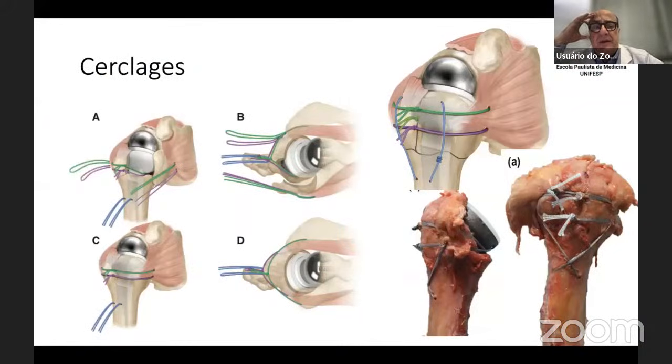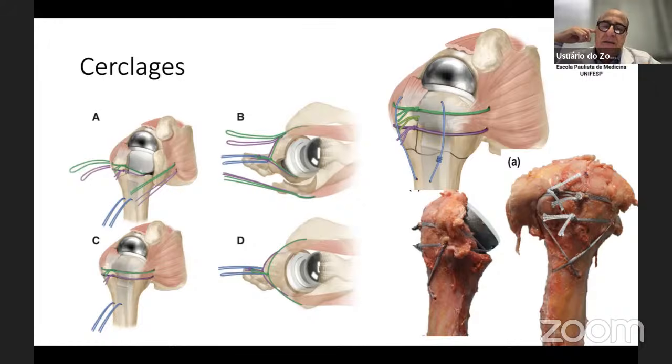I always do it in this way. I put 2 double sutures, in fact, 3 double sutures around the tuberosities. One of these I put medial to the neck of the prosthesis. This is a cerclage around the neck suture. This was described by Dr. Boileau and Dr. Gilles Walch, and makes a very good compression of the tuberosities around this prosthesis.